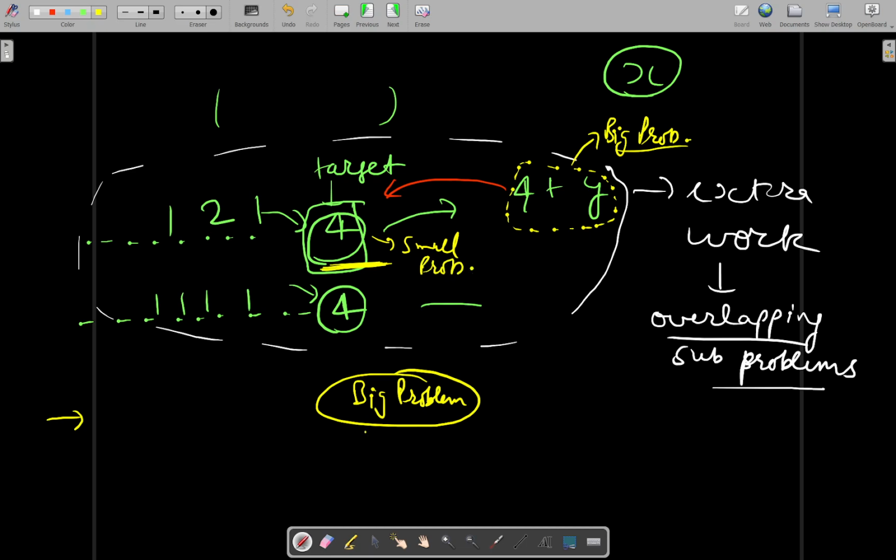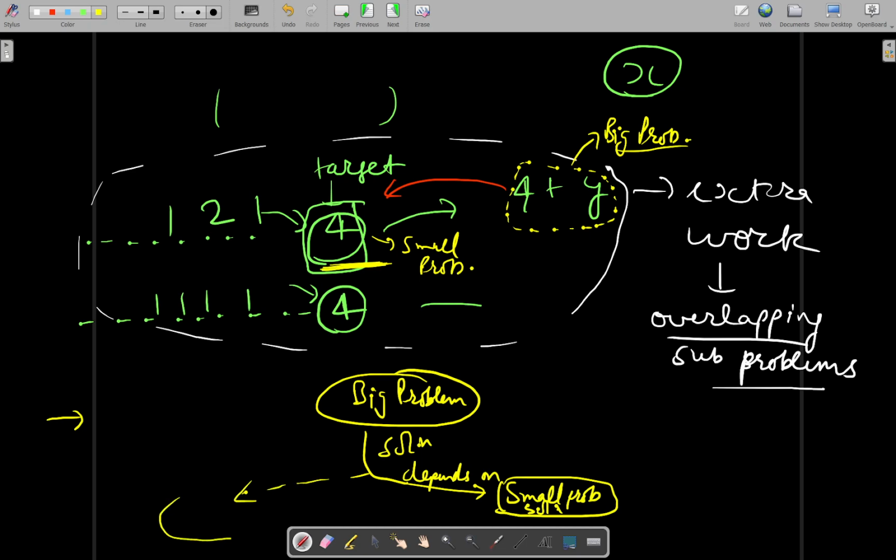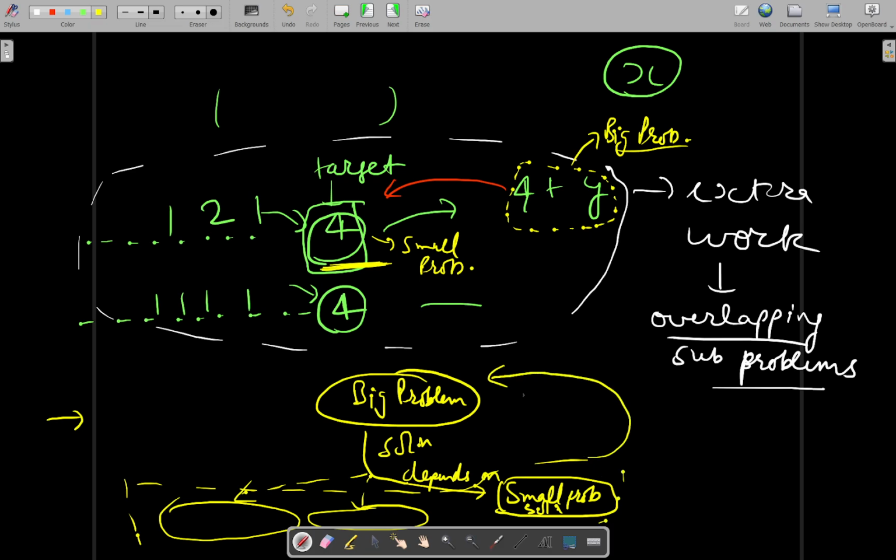So the big problem's solution is dependent on the smaller problems' solutions, and the solutions of many such small problems can be combined to form the solution for the bigger problem.